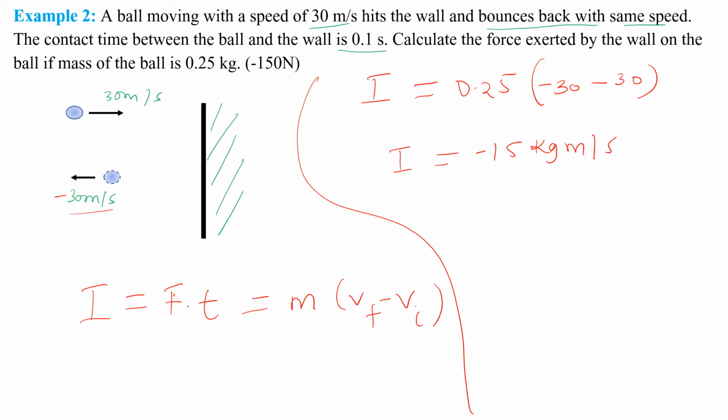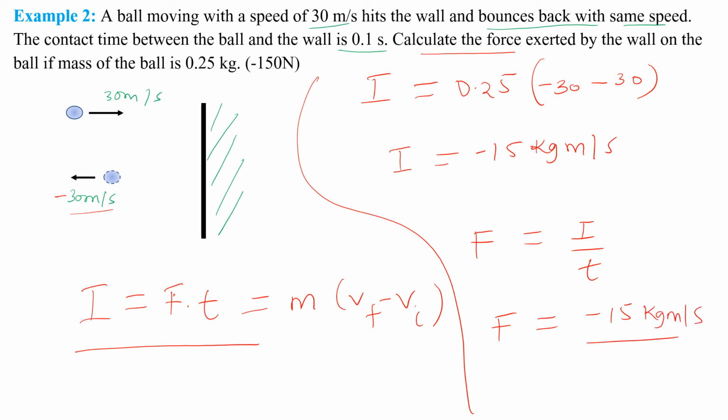That's the impulse. But remember, the question doesn't want impulse. The question says calculate the force. And we recall from the previous equation that force is the same as impulse divided by the time for which the force acts. Therefore, the force is the impulse, that is negative 15 kilogram meter per second, divided by the time for which the force acts, which is given as 0.1 second.